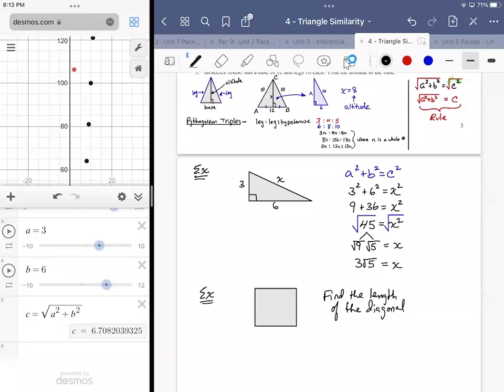Let's say the lengths of the sides of the square are, I'll just keep it simple, they're each 1. This is a 1 unit square. 1 foot, 1 centimeter. If I want to find the length of the diagonal, both diagonals in the square are congruent, and we'll get to proving why that's the case down the line.